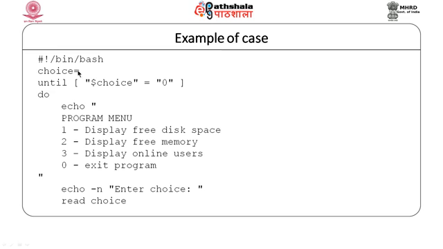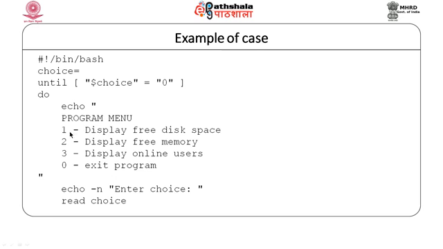We ask the user to enter a choice. Earlier the choice is a null string, then there is a loop, it will keep on iterating and the program menu will be displayed to the user. 1, 2, 3 and 0 are the options which a user has to enter. 1 indicates display free disk space, 2 indicates display free memory, 3 indicates display online users, and finally, if the user enters 0, the program will exit.